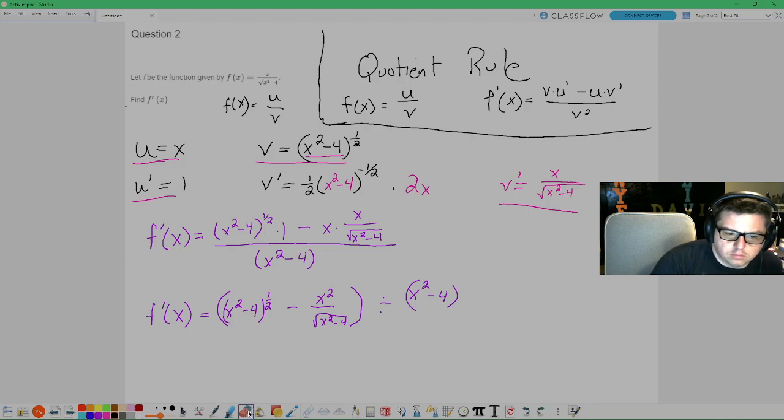Or, instead of dividing, we can multiply by the reciprocal.